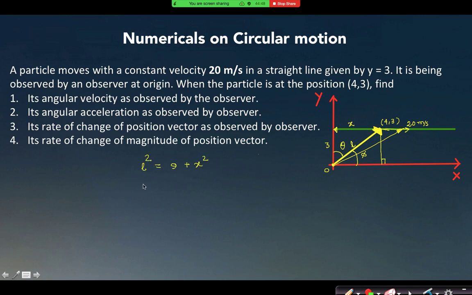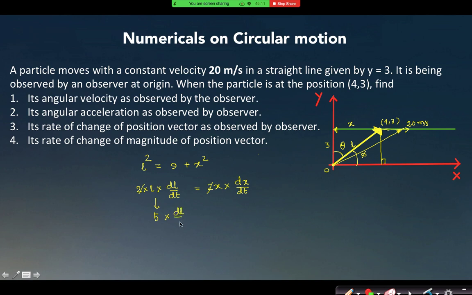Can you just differentiate this term? You will get 2L into dL by dt is equal to 2x into dx by dt. What is L at this instant? 5. What is dL by dt?